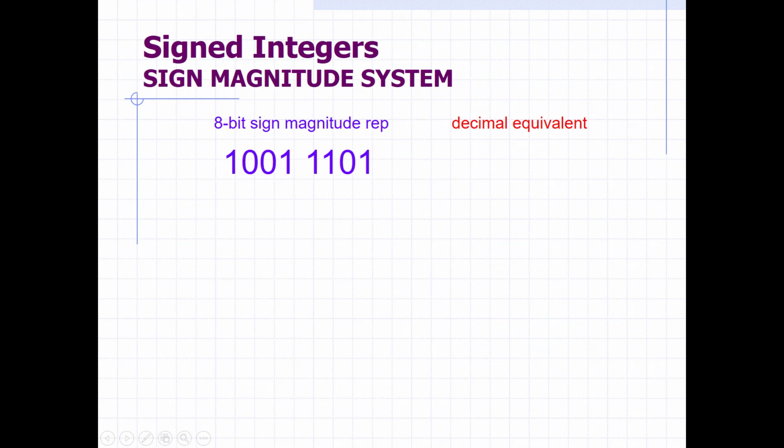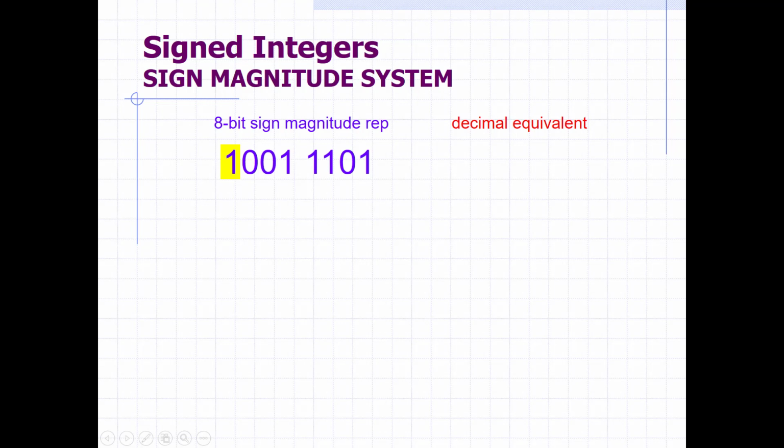I still will ask of you to be able to convert back and forth between sign magnitude and integers. Whenever we're talking about a sign magnitude number, we'll always have to talk about the number of bits we have. If this were on 10 bits, I would have a few leading zeros. So you always have to know how many bits you're dealing with so you know where the sign bit is.